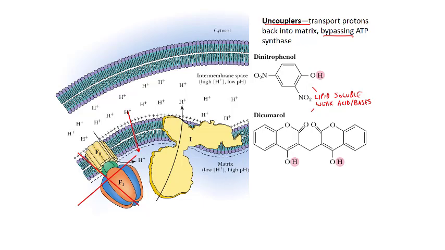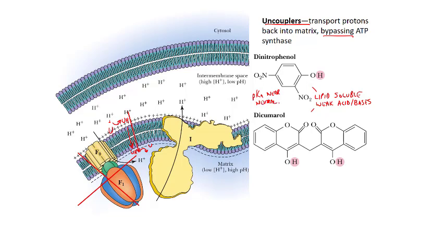So what ends up happening is the uncoupler floats up to the intermembrane space side of the membrane and picks up a proton to become a protonated uncoupler, where it then diffuses back to the matrix side and gives up its proton. And it can do this because it has a pKa that is near neutral.